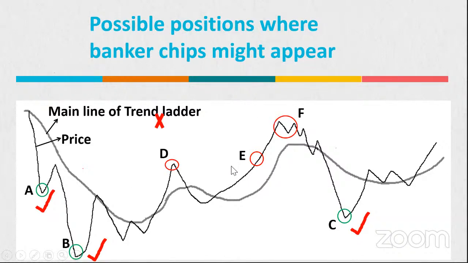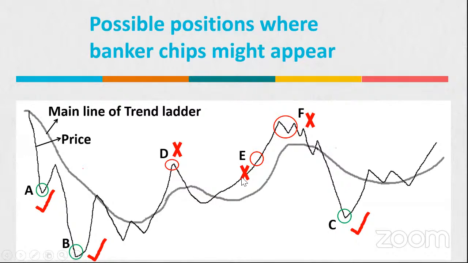D and E and F, they are not. And actually, these points are for hot money attack. Maybe in future we have chances to talk about hot money attack. I will share with you more details. Anyway, for bunker chips, A, B, C are the possible positions where the bunker chips would appear.